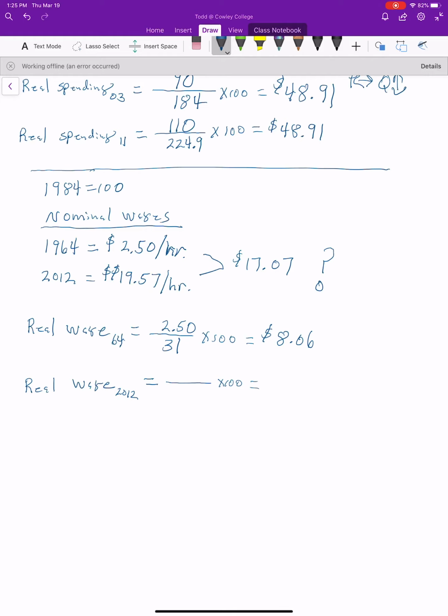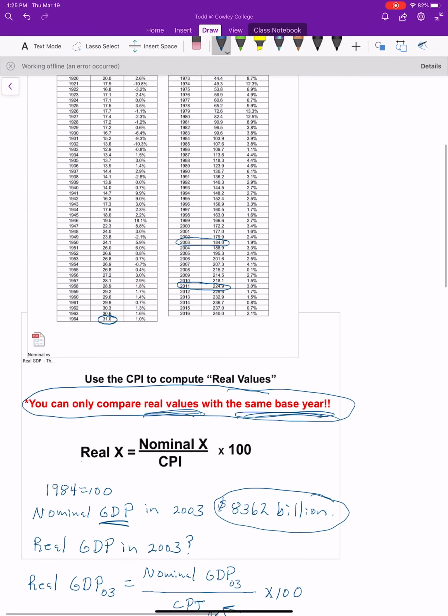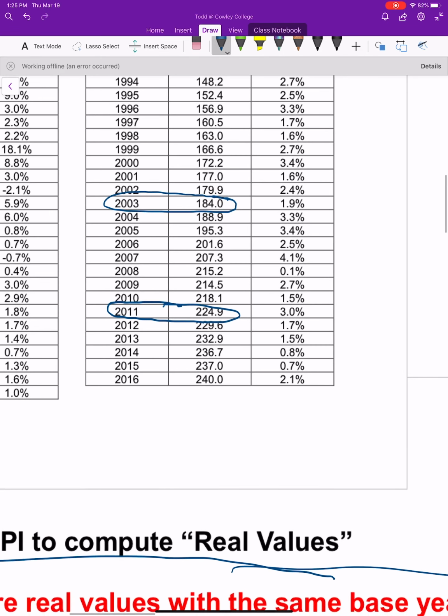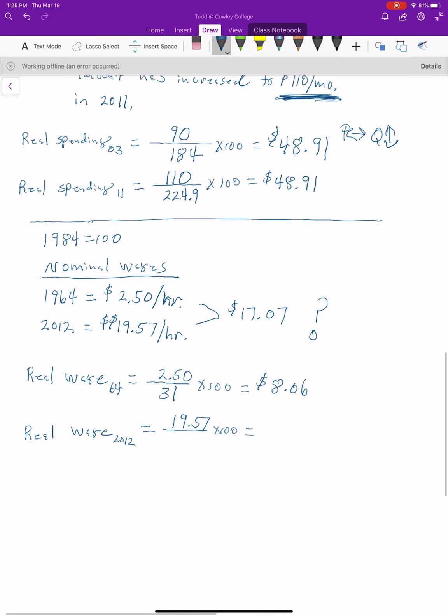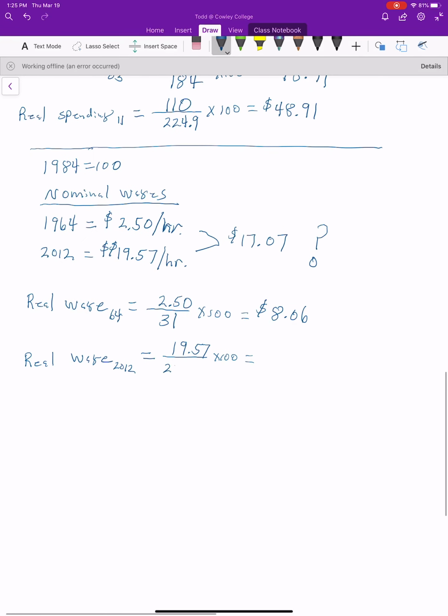Okay, for the year 2012, we know that the nominal wage was $19.57 per hour, divided by the Consumer Price Index in 2012, which would be 229.6.